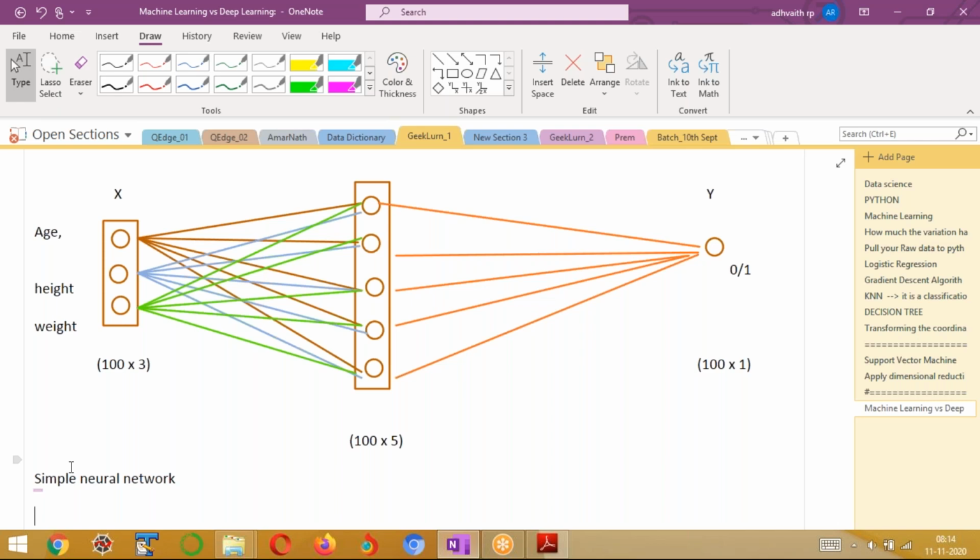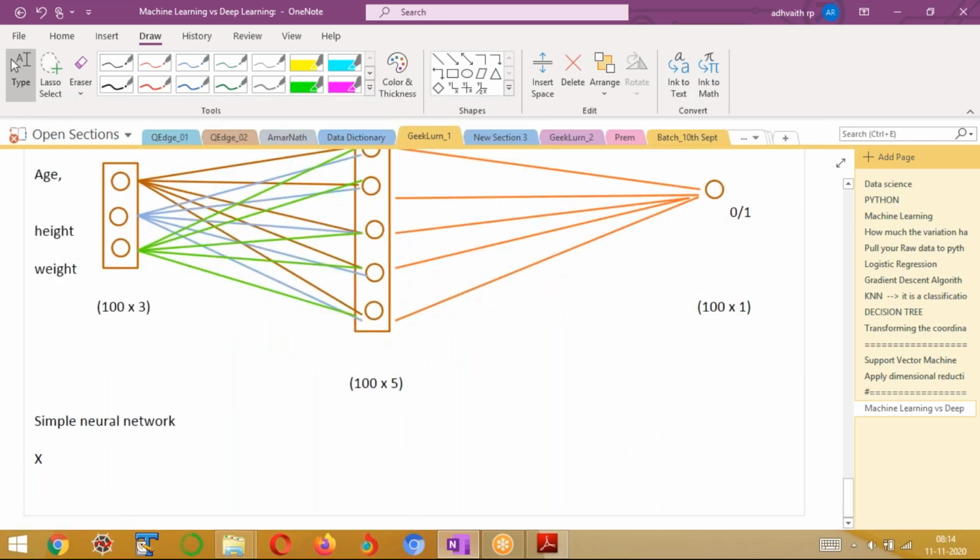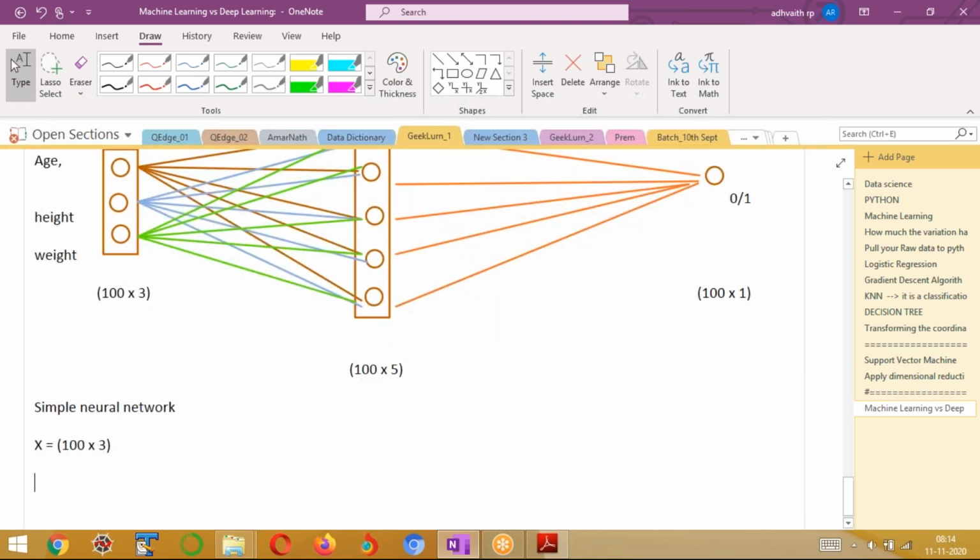Now you have understood this. The result is not going to come directly. Your X contains 100 rows by 3 columns, and your H you have decided to take as 5. But where is the connectivity?